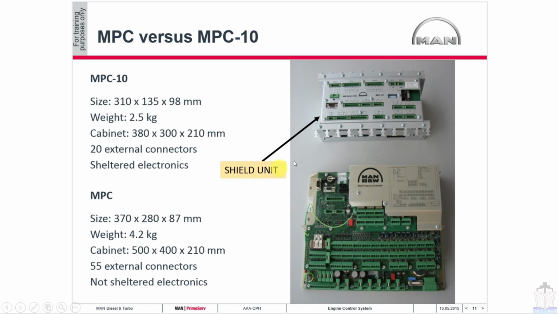Shelter electronics means this unit is basically sealed with metal plates, you can see over here, whereas this unit is not sealed. You can access all the parts. So, now MPC size is here, weight is 4.2 kg, cabinet 500 into 400 into 210 mm. It has 55 external connectors and no shelter electronics, means you can access any part of this MPC.